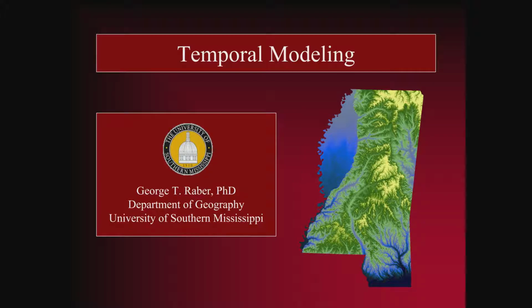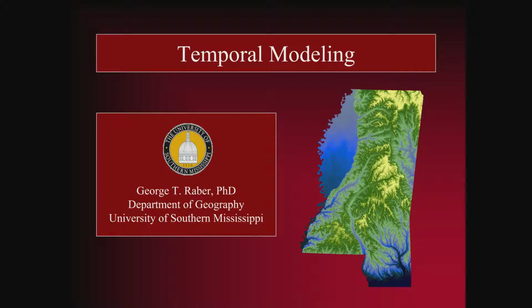All right, so today we're going to talk about temporal modeling, and really we're going to carry that into next week when we talk about something called cellular automata. There's a few other names for it. We'll talk about that next week. So this is the beginning of temporal modeling. We have another week on it when we talk about cellular automata.